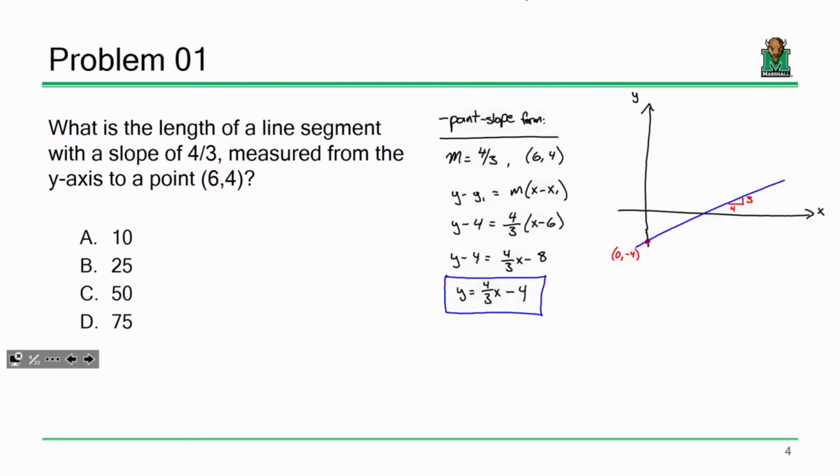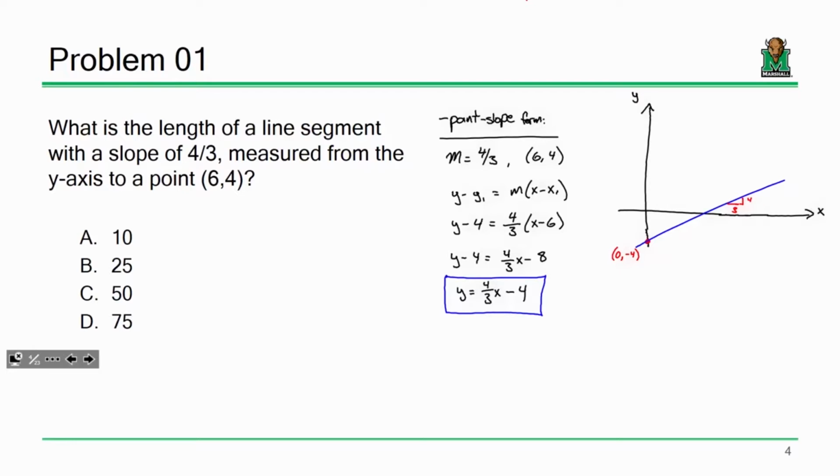Oh, I did that backwards. Let me just erase. Rise over run. Oops. So far, so good?